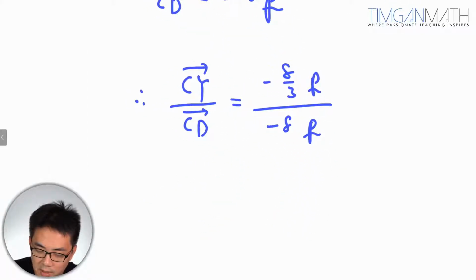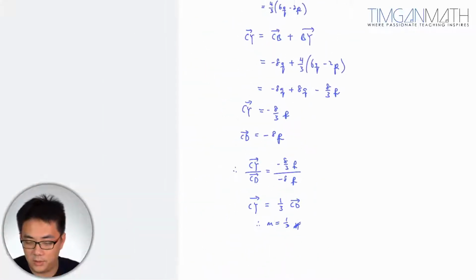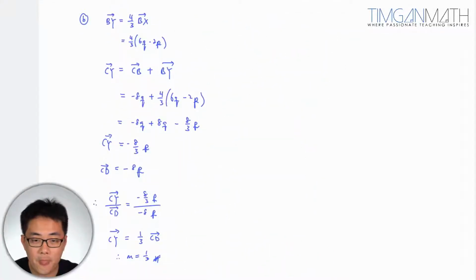Once you simplify, you get CY equals 1 over 3 CD. So hence m is equal to 1/3. That's how you do this question proficiently.